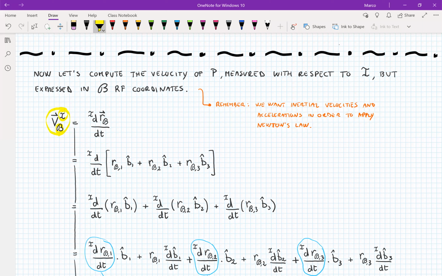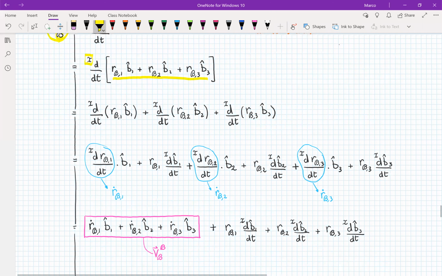All right, so let's take the derivative of this vector. But now the derivative is with respect to the inertial frame of reference. So now these three derivatives, according to the chain rule, we have 6 components over here.